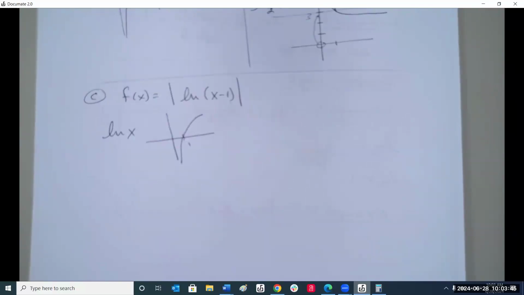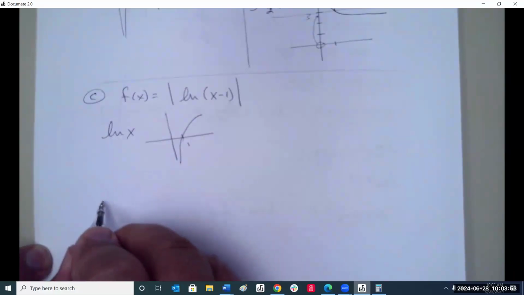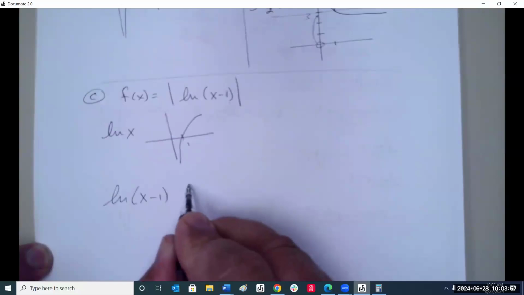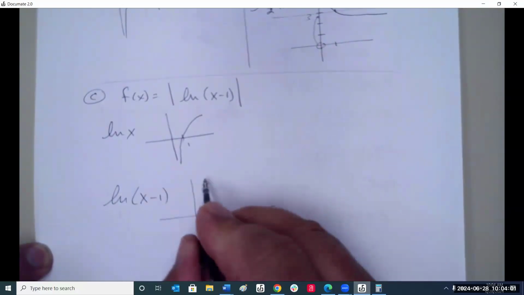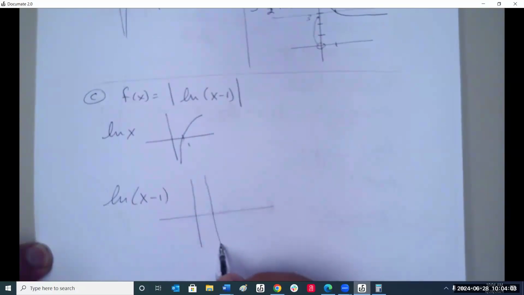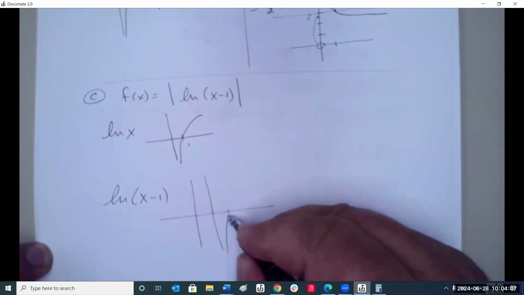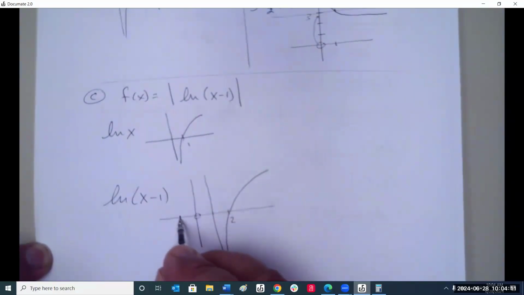What does my horizontal shift do? Yes, right one. So it shifts to the right one. My new one shifts from here to here.